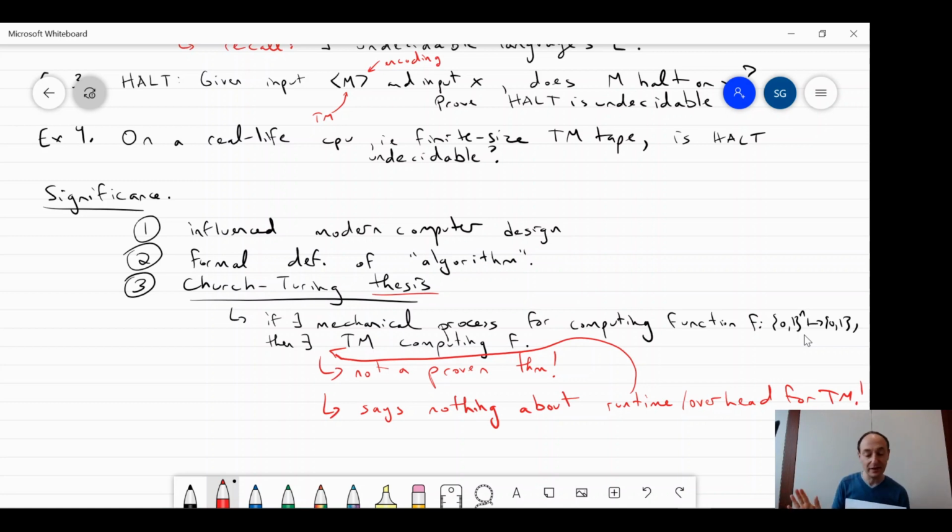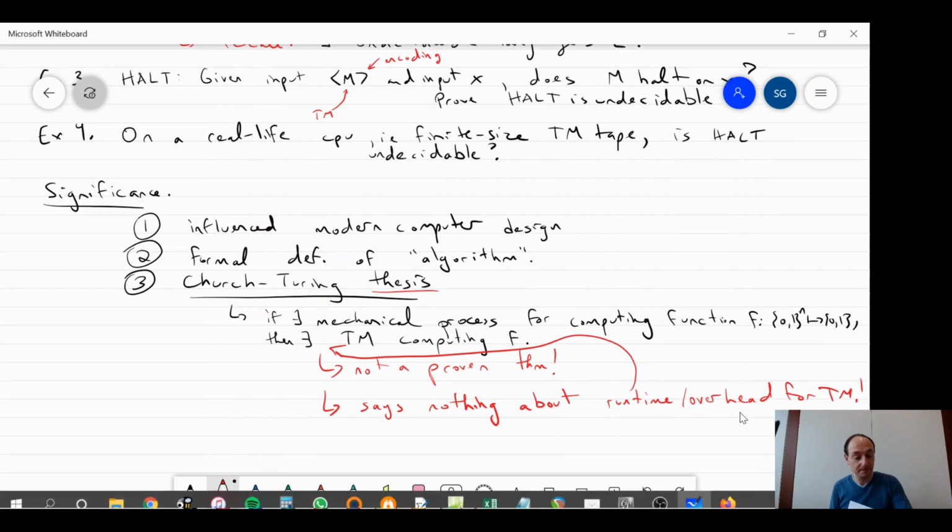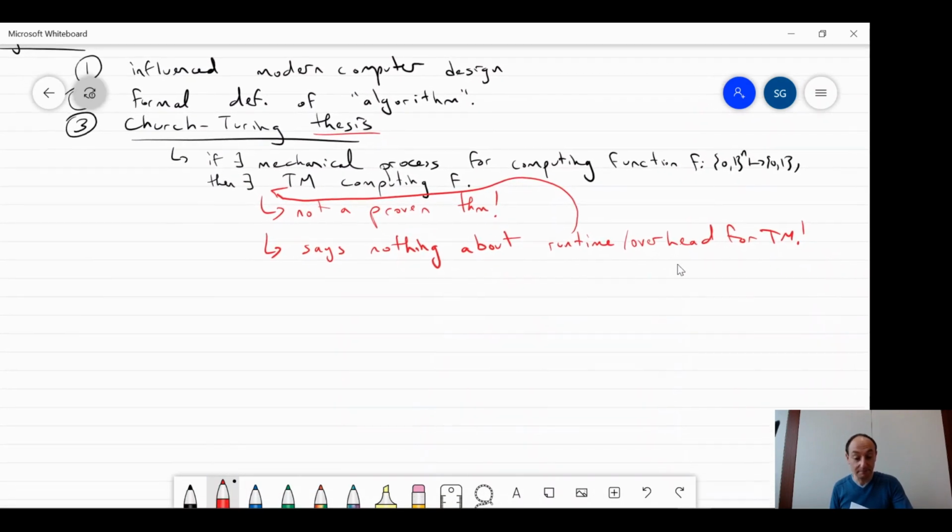It says nothing about how much time that Turing machine takes with respect to how long this mechanical process takes. So what this captures is decidability, right? If you can decide a language, let's say, using some mechanical process, then you can certainly always do it with a Turing machine. And that's the basic claim.